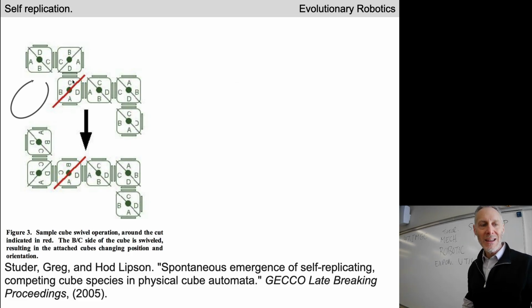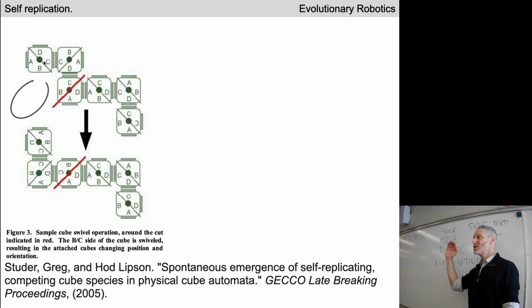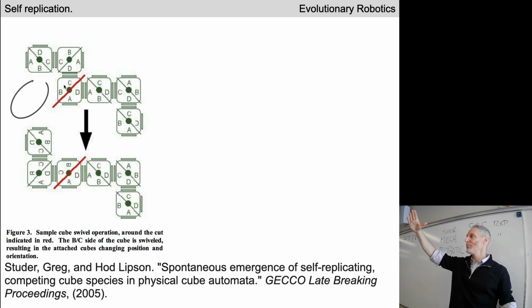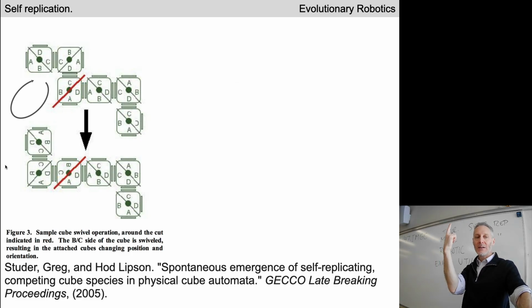So in this simulated machine, let's imagine we have this 6 element simulated 2D machine. And this particular square rotates about this diagonal. In this case, the upper 2.5 squares are going to rotate out of the plane and then back into the plane again.